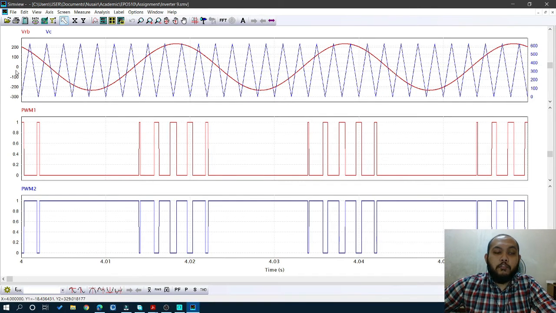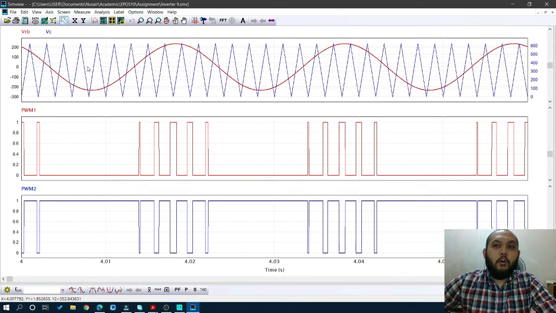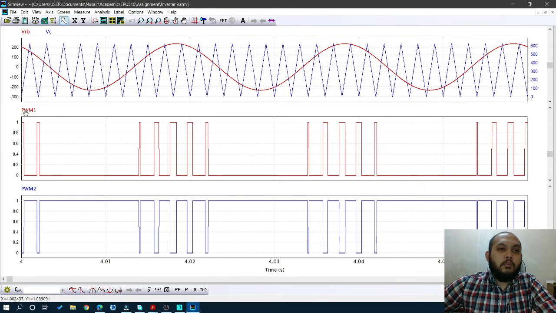The first waveform shows our reference blue signal, the sinusoidal shape, and our carrier signal, the triangular shape signal, overlapping each other to produce our first PWM signal.